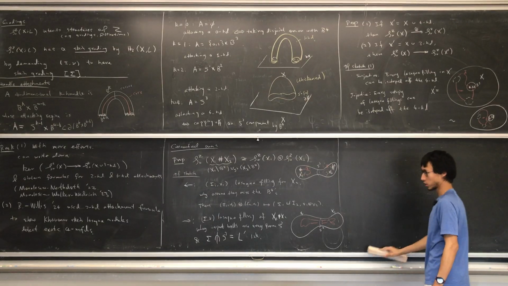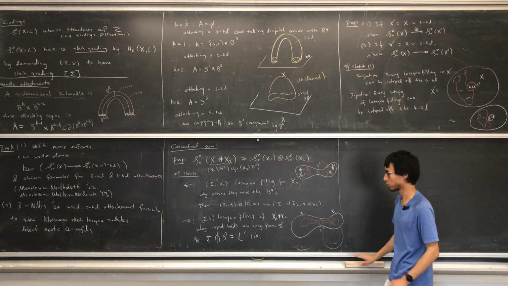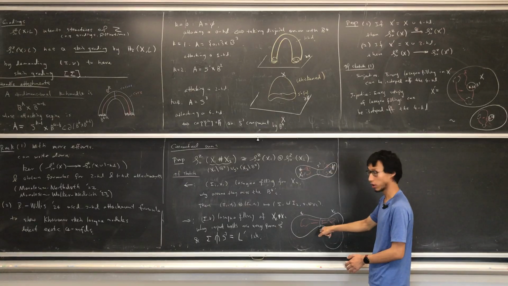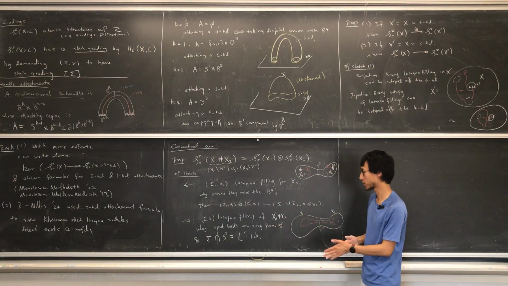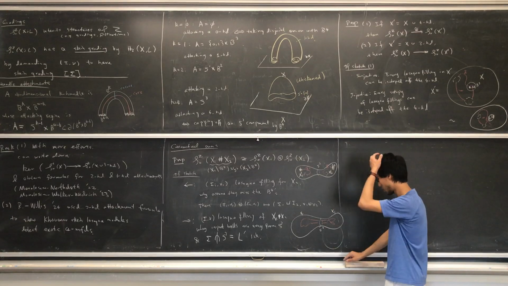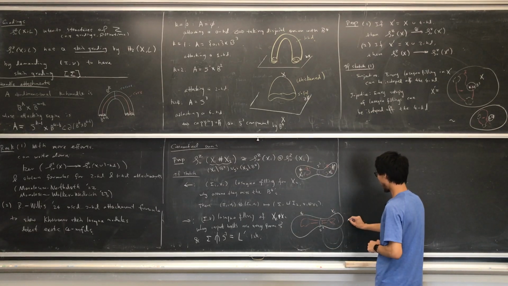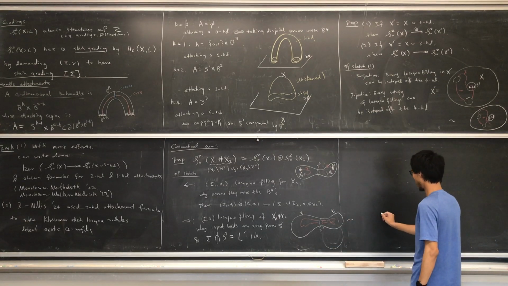So since the intersection is transverse, in a neighborhood of this S3, the skein will look like an interval times my link L prime.